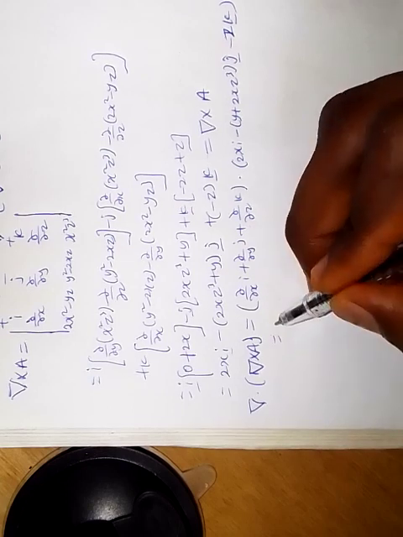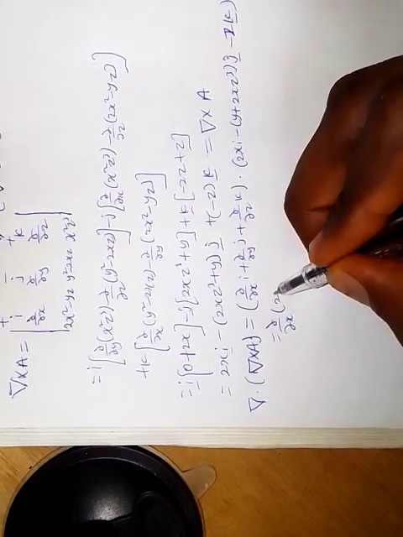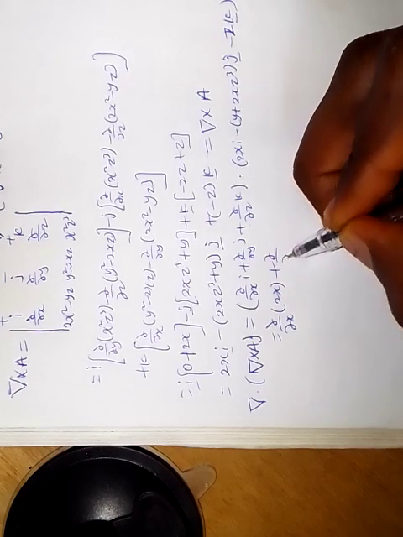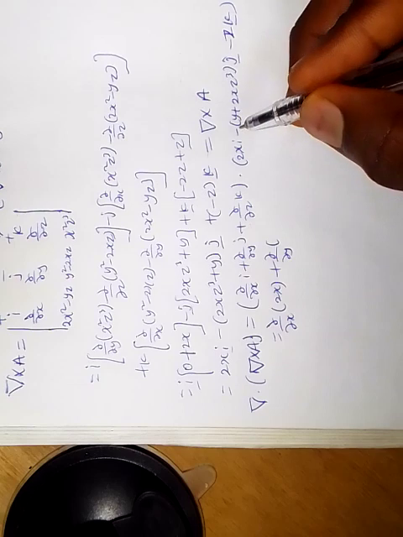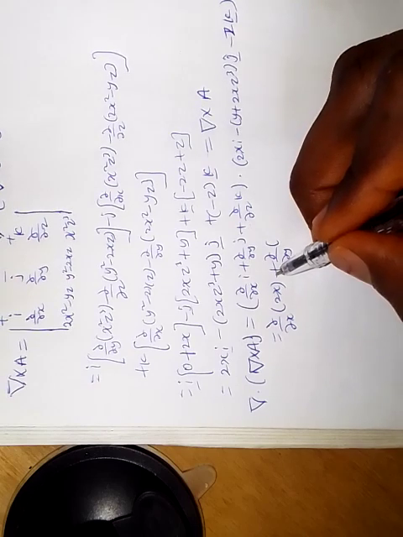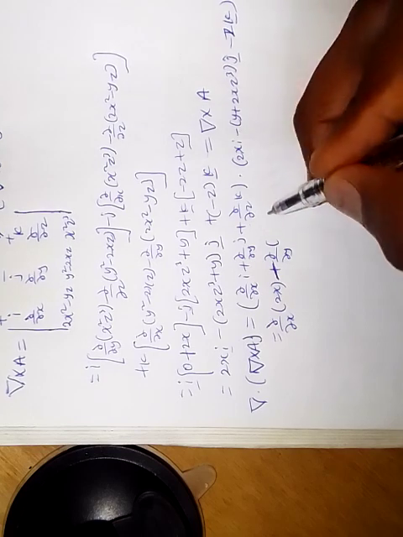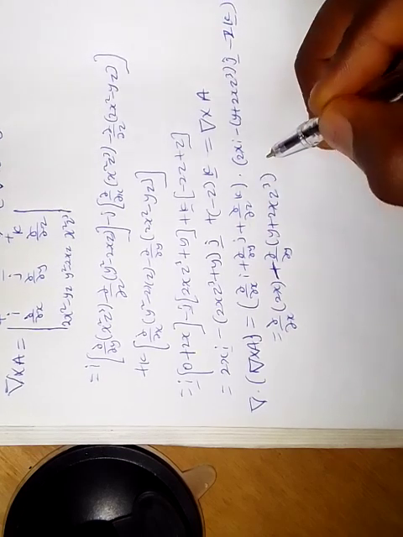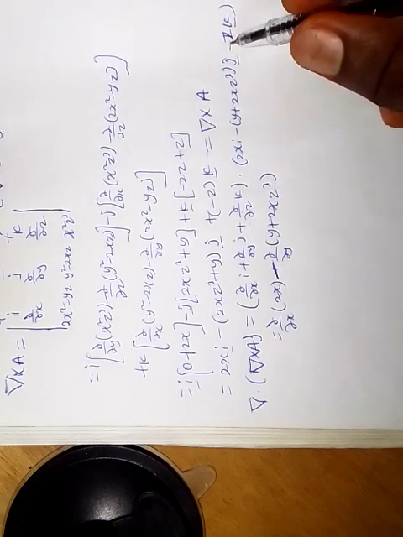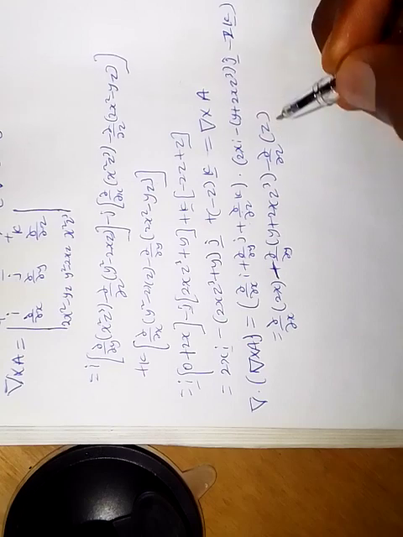Taking that, we have partial x of 2x plus partial y of this term. Because of the negative sign, we have minus partial y of 2xz³ minus y, and we have negative outside also, so minus partial z of z.